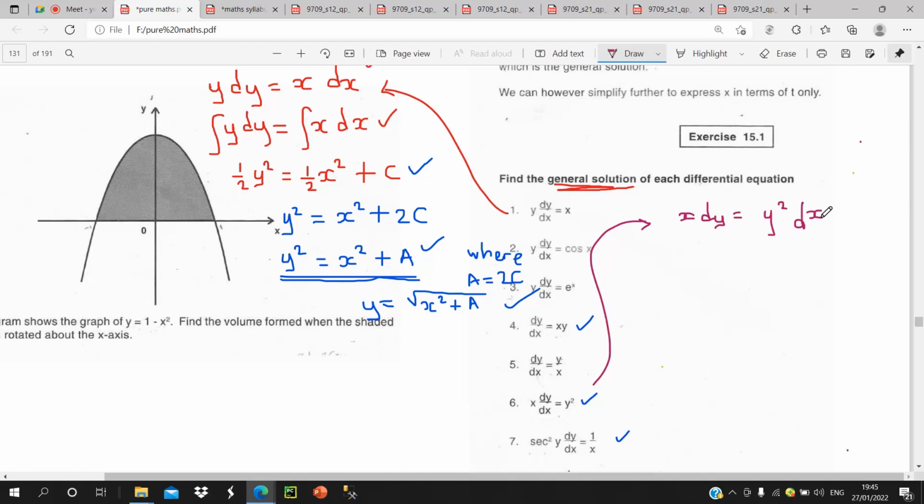Yes. So at this stage, we haven't yet separated the variables. Why? Because we have this x to this side and we also have y to this side with the x.